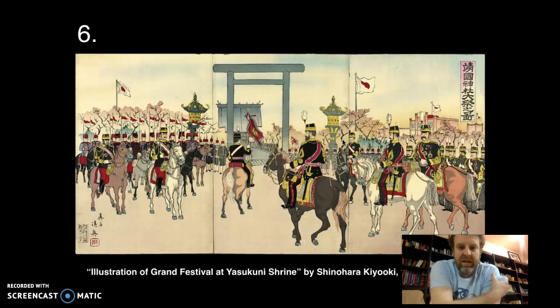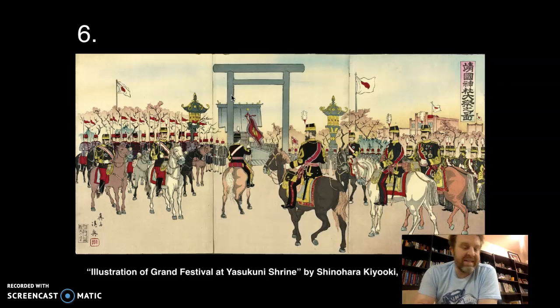Finally, this image, I wanted to highlight this symbol here, which is something that we've talked about before. This is the symbol of the Shinto religion. This is a Shinto shrine. And so while we can say that Japan embraced Westernization, they certainly didn't embrace all aspects of Western culture. They maintained some of their own distinct and unique cultural traditions, including the Shinto religion.